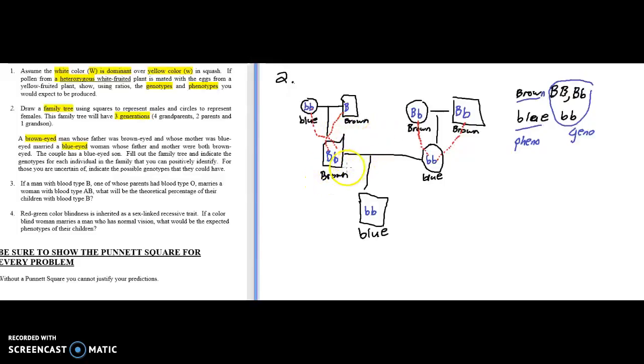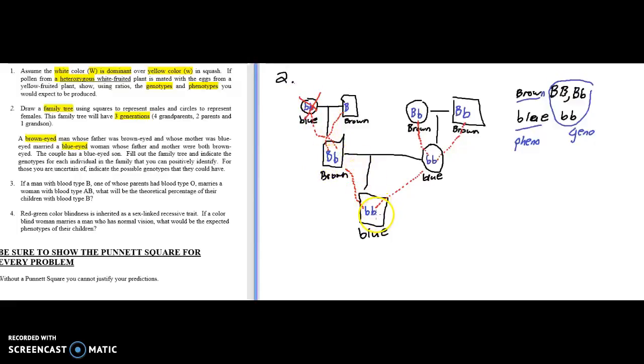Now, double check, look down at the grandson. In order to have this grandson with blue eyes, one of those little b's came from mom, the other little b had to come from dad. So it's possible, even if you didn't know grandmother, hypothetical, you don't have her information available, you could figure out this man's information based upon looking at his son.